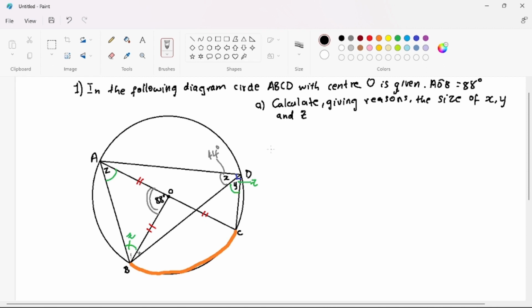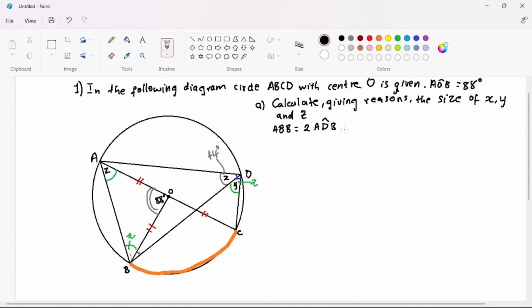So what is our first question? Our first question asks: calculate, giving reasons, the size of X, Y, and Z. So since we have solved X, we can just say angle AOB is equal to 2 times angle ADB, right?